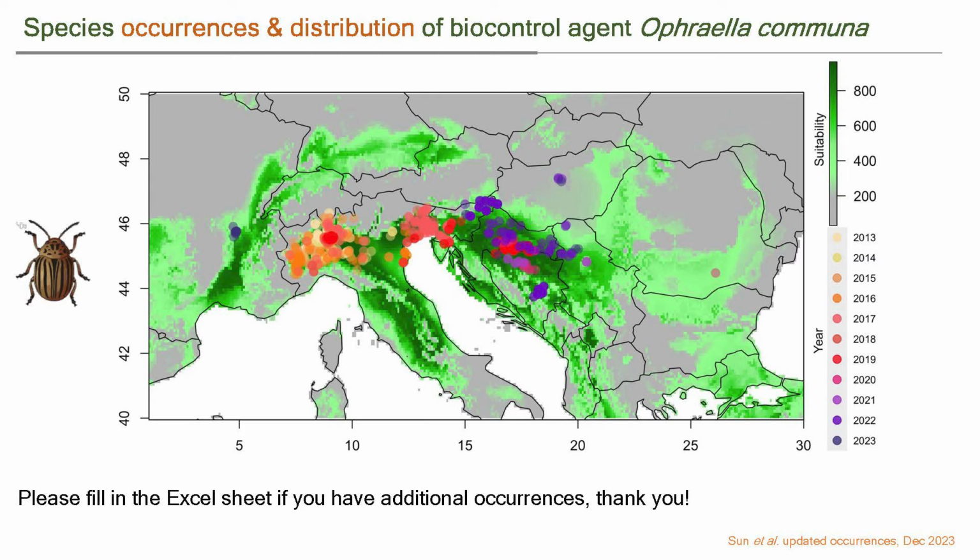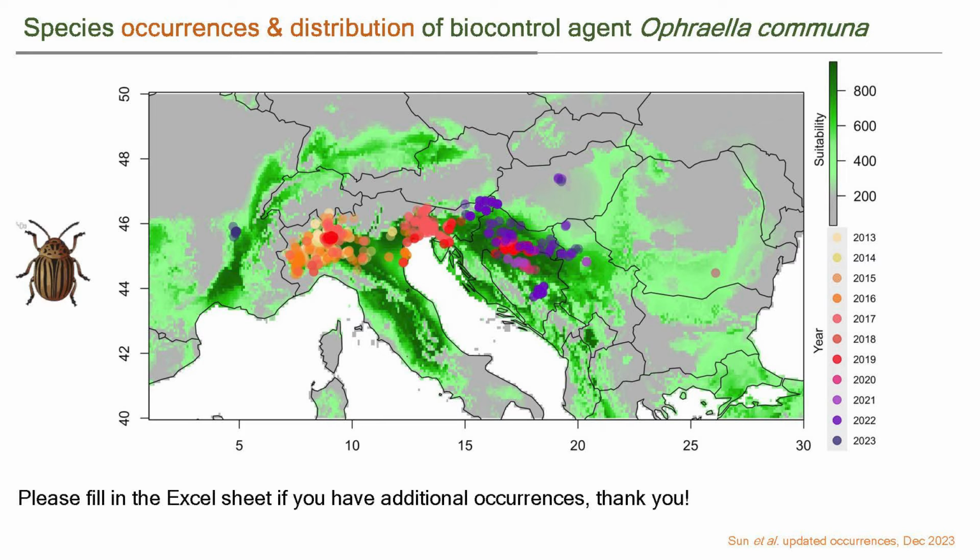That's from 2013, the very first year when we observed it in North Italy and the south of Switzerland. Up to today, just a few months ago, people still found it either in France or, I think, Hungary and Serbia, and so on. Then I overlaid it with the suitable area of the beetle based on the model.